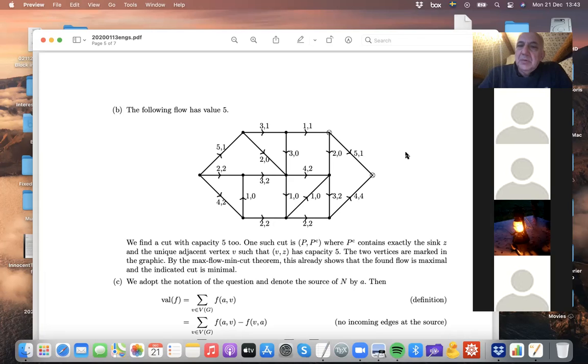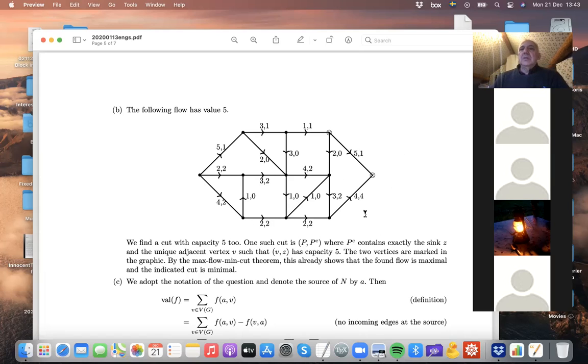And where is the cut which has capacity 5? Okay, and the suggestion here is that we take these two vertices as the set which is denoted P complement, the one which contains the sink, and the remaining guys as the vertices containing the source.